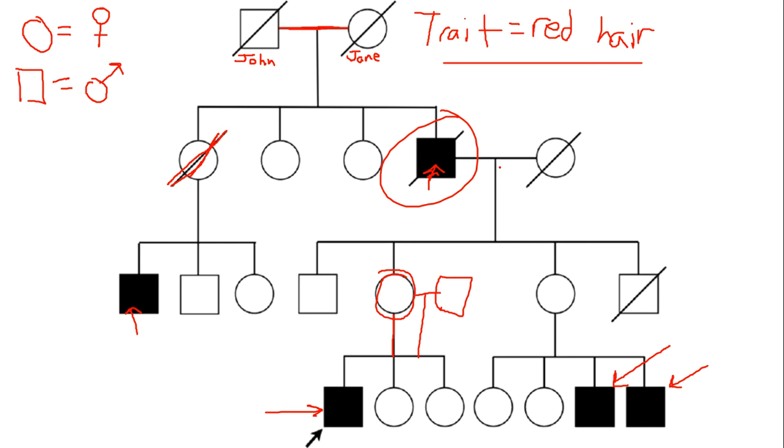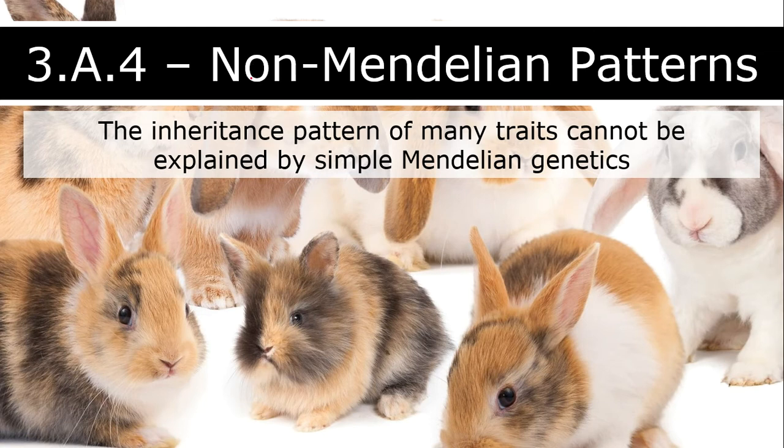Pea pod shape or pea pod color or any of those things weren't affected by male or female differences, okay? So there are some exceptions to Mendel's rules, and because they are exceptions, we call them non-Mendelian exceptions or patterns. This is something that doesn't really get explained by Mendel's ideas.